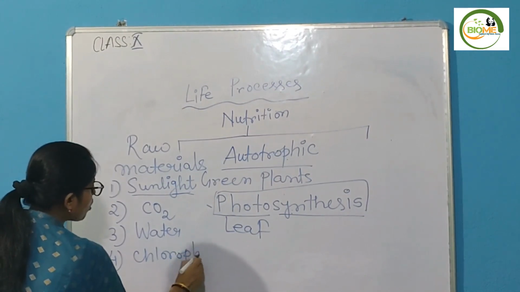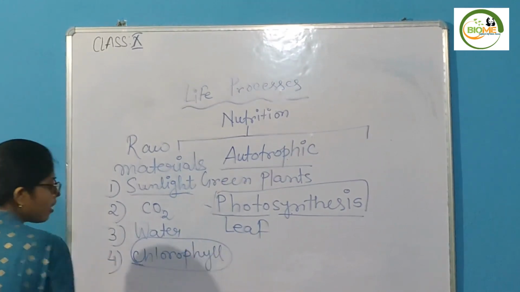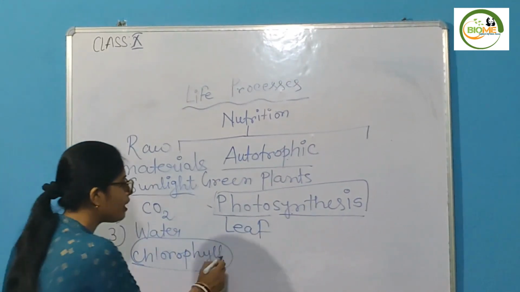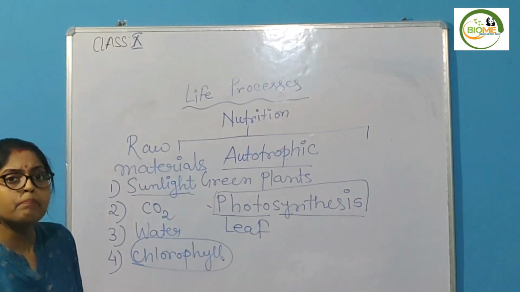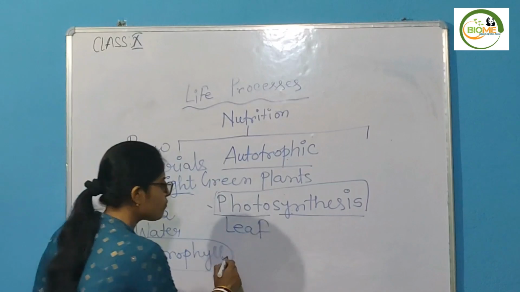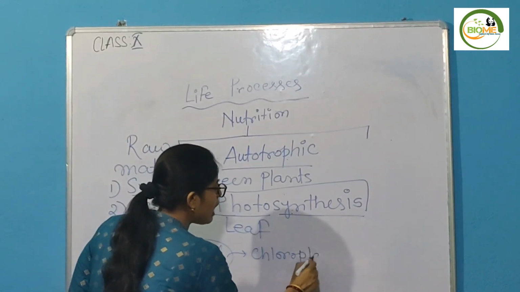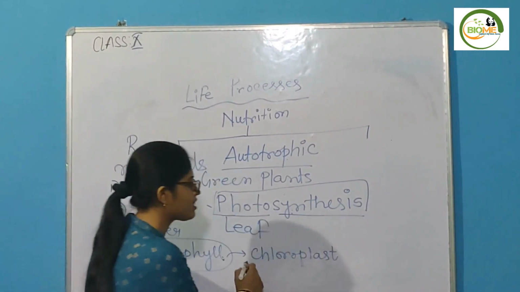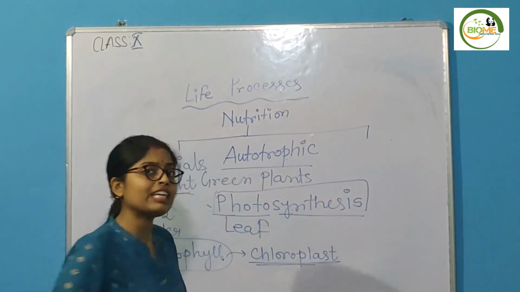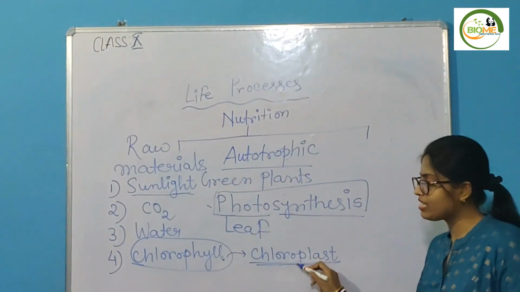In the previous video I also discussed chlorophyll, and I said that chlorophyll is a green pigment. Where is it found? It is found in the chloroplast. In the 9th standard cell chapter, cell organelles, plastid, chloroplast.